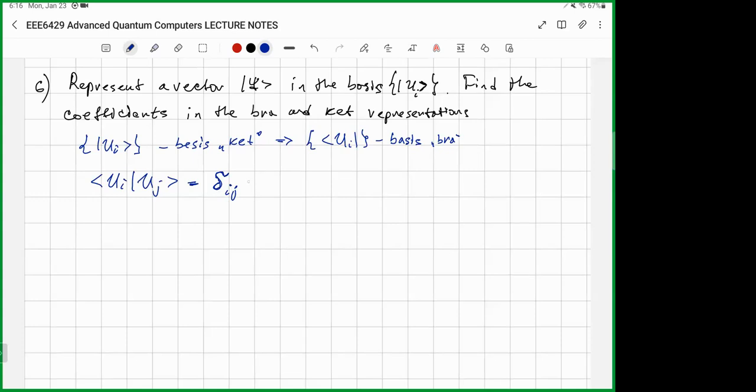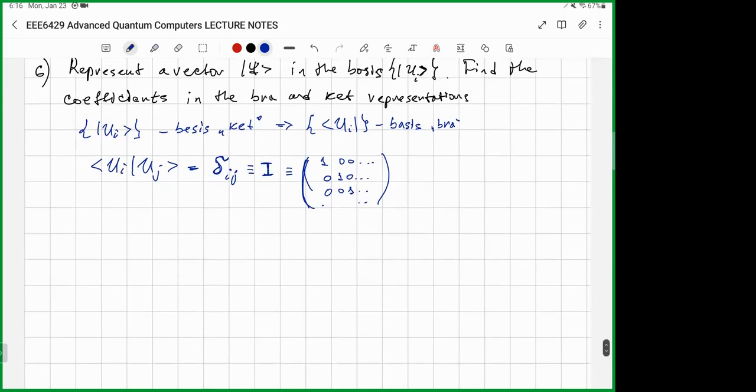And in this case, this is the same as the unitary matrix or identity matrix, which is 1 0 0, 0 1 0, 0 0 1, etc. So the diagonal matrix with units at the main diagonal and all other components equal to 0.